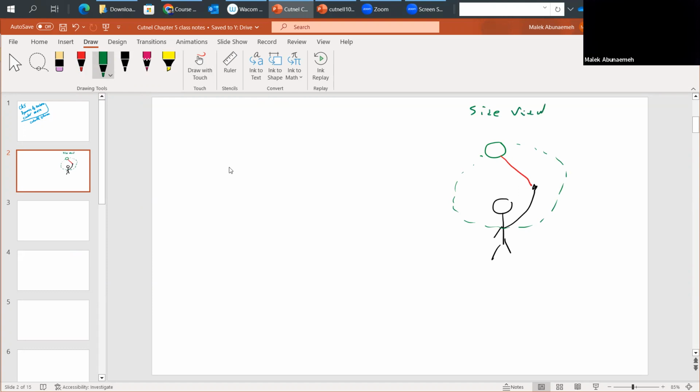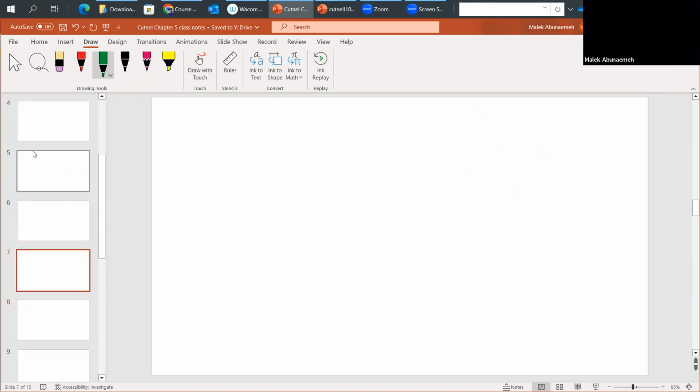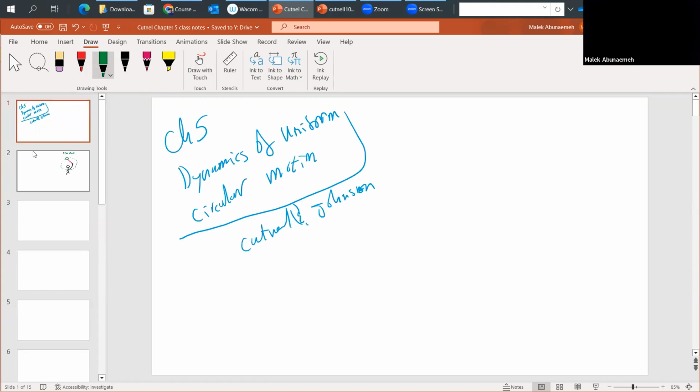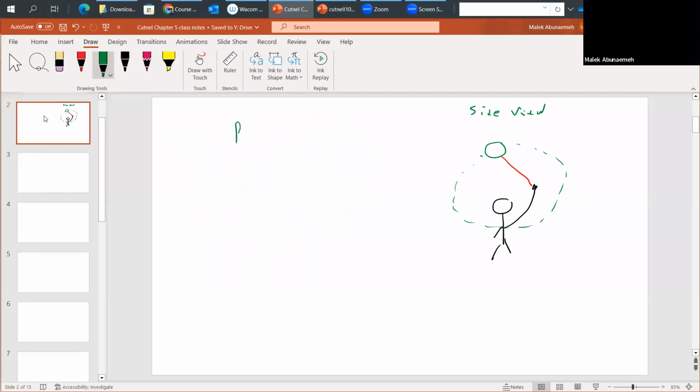Let's take a look at a bird's view. Let's say we call this the bird's eye view. So what you got? You got a ball going in a circular motion.